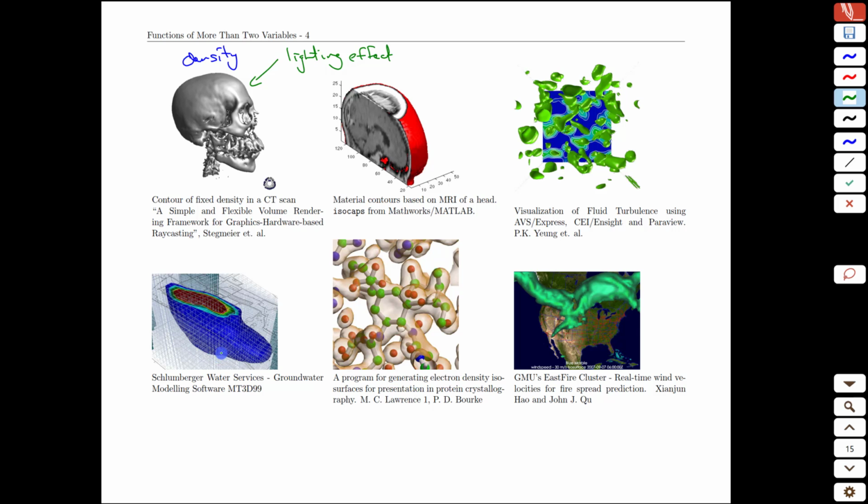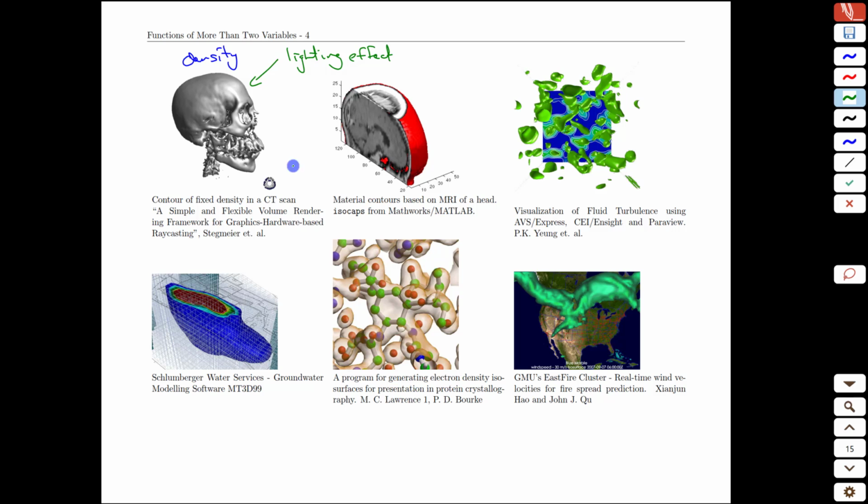But we can see that that surface is a three-dimensional surface representing a constant level of the function here, contamination. There's other examples here from electron density maps. This would be something that people use to study protein structures, or weather maps, turbulence, flow, density, or temperature of the air.